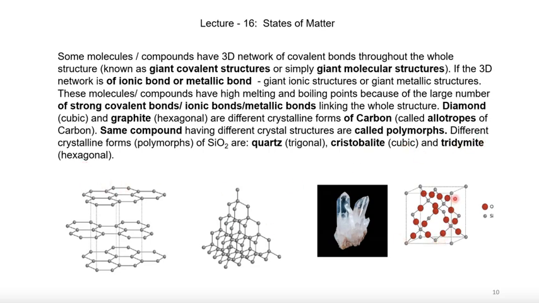We are showing one of these structures, silicon dioxide, and it is the quartz structure. Here you can see that every oxygen is this one, and silicon is the smaller one. Each silicon is bonded to 4 oxygens.